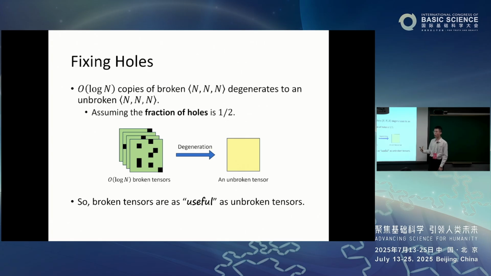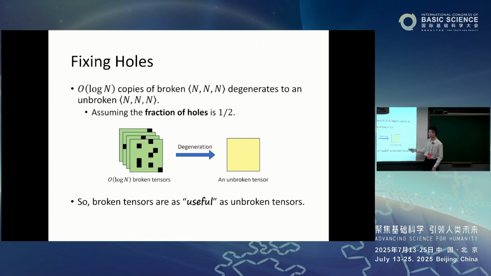Suppose we want to use those tensors to multiply two n-by-n matrices. Here's what we can do. We first take the two matrices that we want to multiply and feed them into all of the broken tensors we have, so they all get the same input. Then, each broken tensor will reveal to us a random half of the entries in the output matrix.